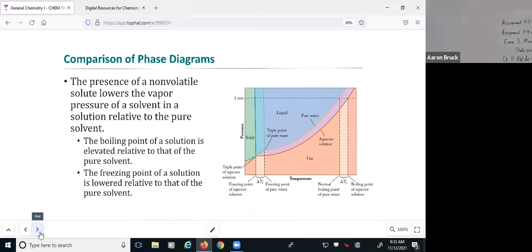So the aqueous solution is going to generate a larger liquid region and smaller gas and solid regions as a result of these increases in intermolecular force.